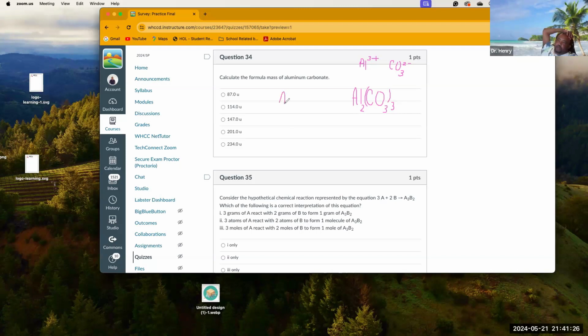Okay, so we have aluminum. We have two of them. And aluminum, if I remember correctly, weighs about 27 something. Yep, about 27. Okay, and then carbon, we know weighs 12, and we have three of them.